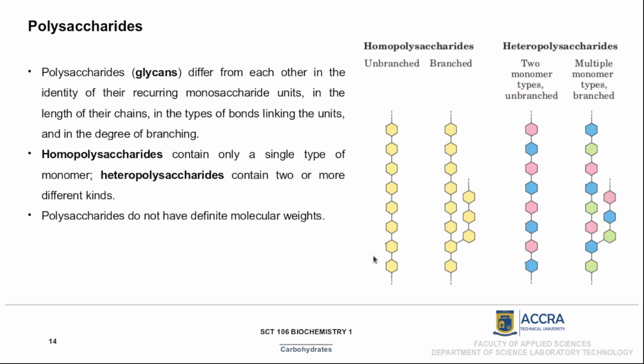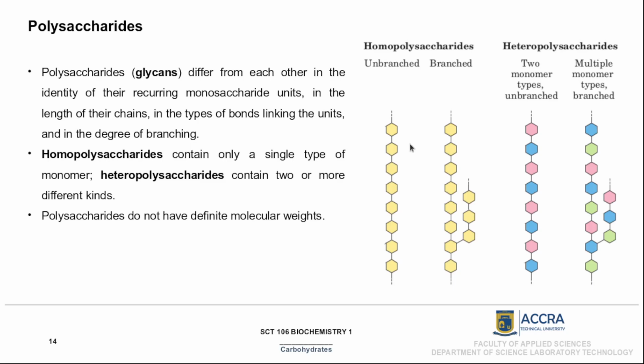Now, polysaccharides are also referred to as glycans, and these can differ in their branching, or in the kinds of monosaccharide units that are in them. If you have polysaccharides that contain the same kind of monosaccharide units, you refer to them as homopolysaccharides. So for instance, a polysaccharide which contains only glucose units is a homopolysaccharide.